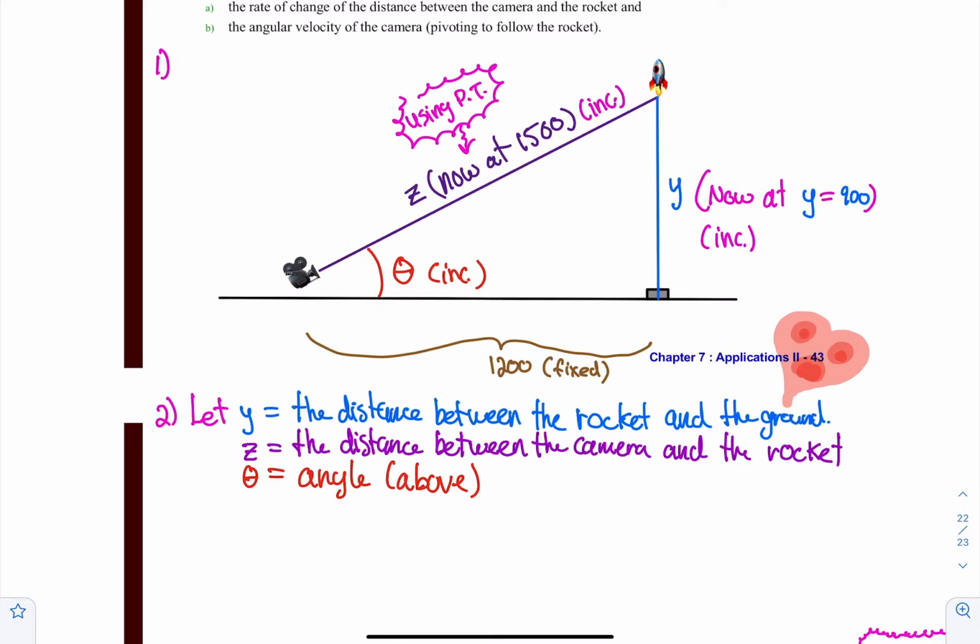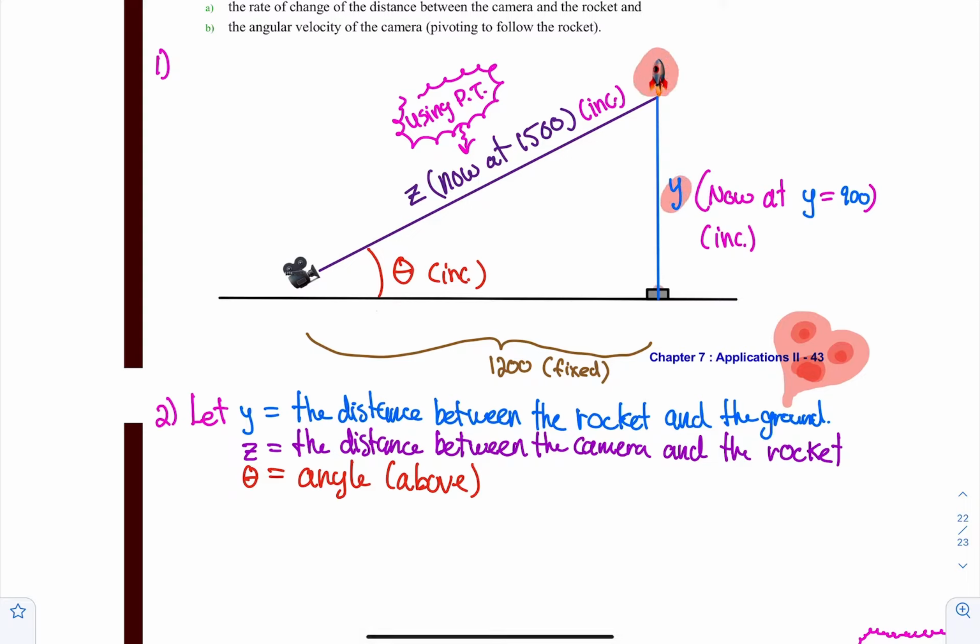Now let's talk about rates of change. For both questions, the rate that is given that we're going to use is the speed of the rocket, which is the rate of change of the variable y.